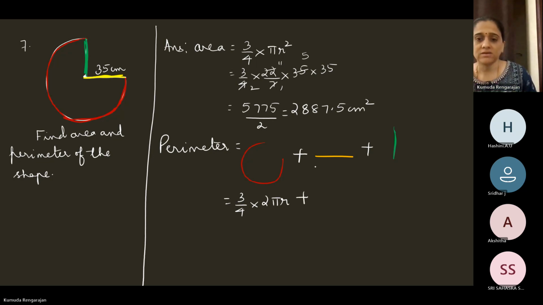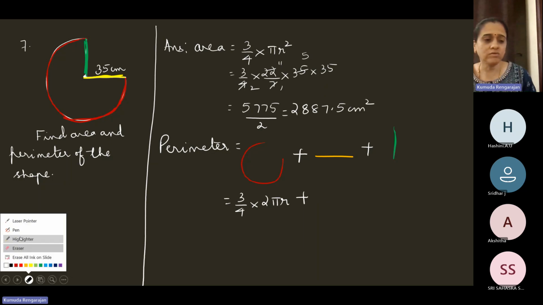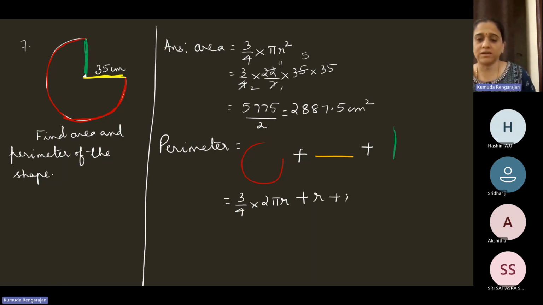Plus this yellow line segment is 35. Correct? And this, oh yeah, R. Okay, let me write R. Sorry. And the green line segment is also R. So 3 by 4 into 2 into 22 by 7 into 35, plus 35, plus 35. Correct?